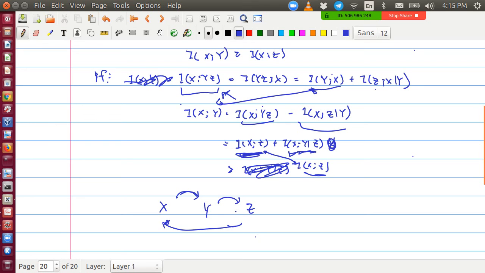Let me give one very concrete example. Let's say I have a computer vision application where I'm trying to detect a sign. So let's say I have a sign.